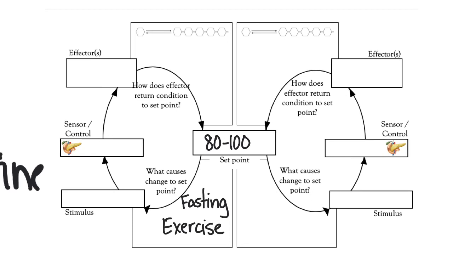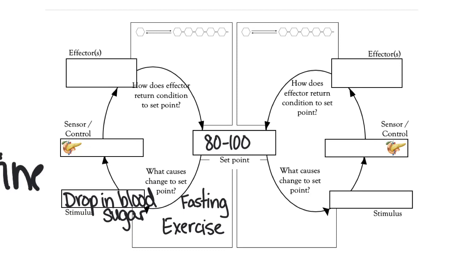And both of these conditions are completely normal. You do them all day, every day. Your body's very, very used to having a little bit of a drop towards the lower end of your set point, and it just responds and gets you back to where you need to be without too much fuss for most of us. So you've been fasting, for example, overnight, or you've been exercising, and the amount of sugar in your blood drops.